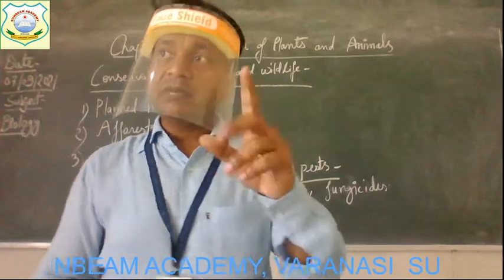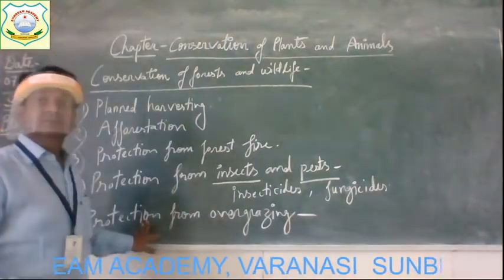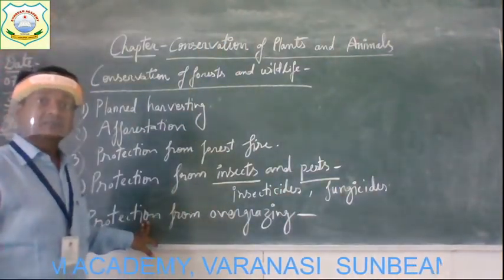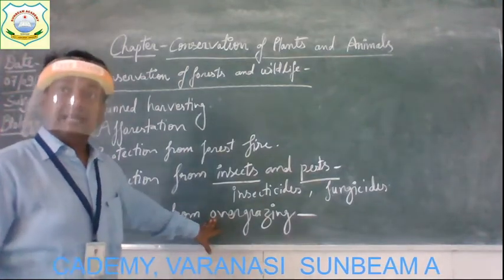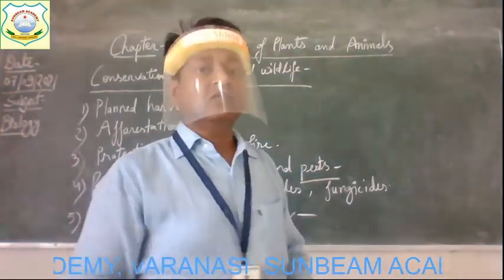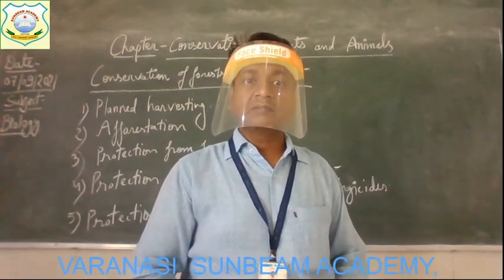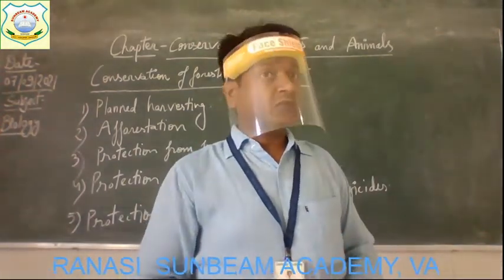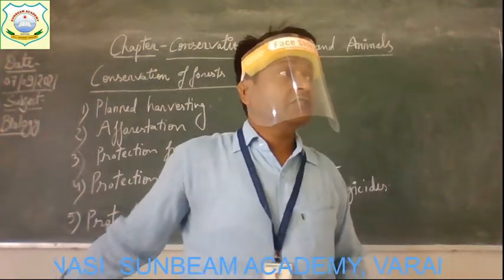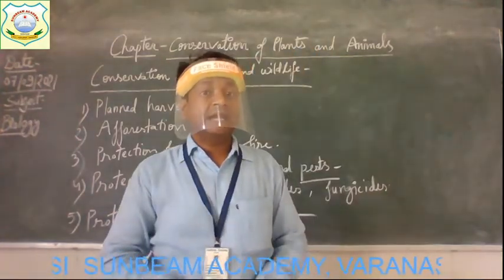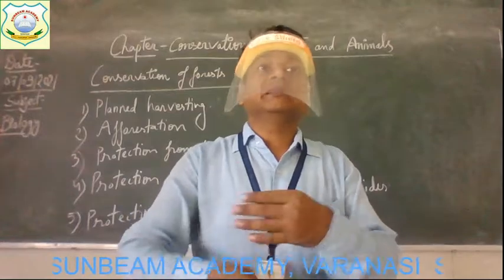Get it? So we must protect the forest from overgrazing by cattle and other herbivorous animals. Alright, everyone. So that is why a method is suggested for protection from overgrazing, and that method is rotation.